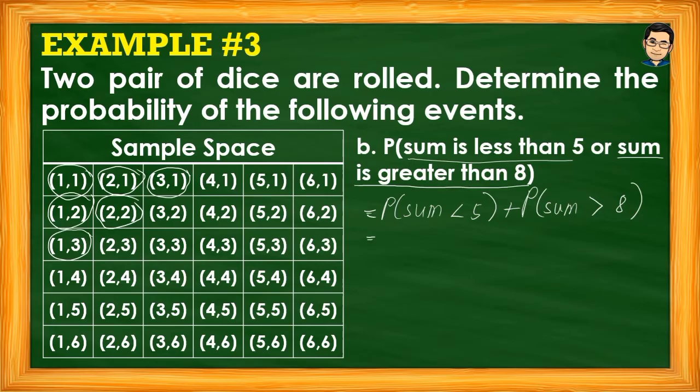So we have there 6 over 36. Plus, now, sum is greater than 8. So, ibig sabihin, lahat ng mataas sa 8.